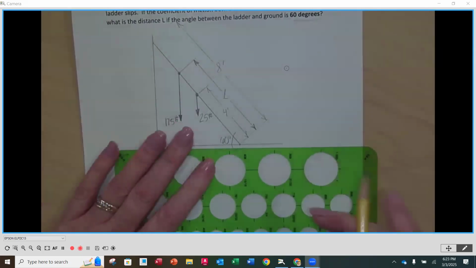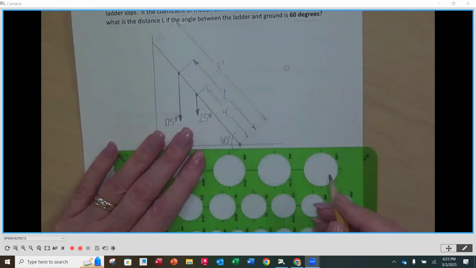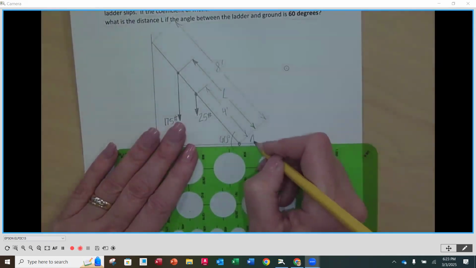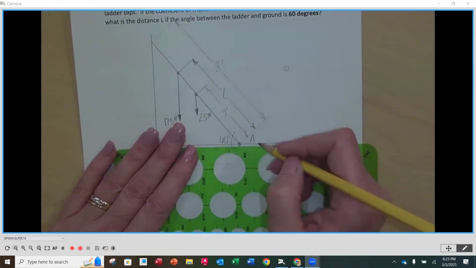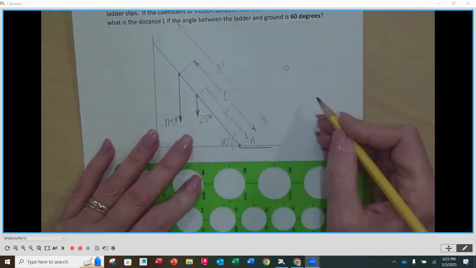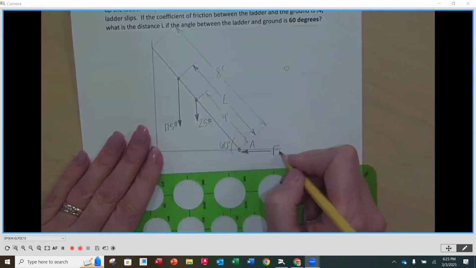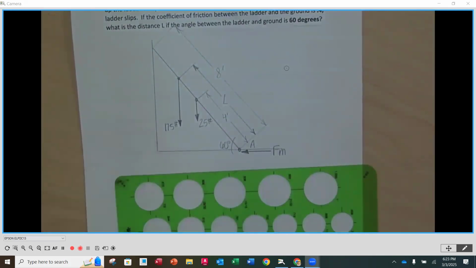So the friction force, we're going to call this point A. That's our first point. The friction force here is going to be going to the left. So this is going to be FM. This will be the maximum friction force because we want to know when this is going to slip, so we're going to be at that highest level.